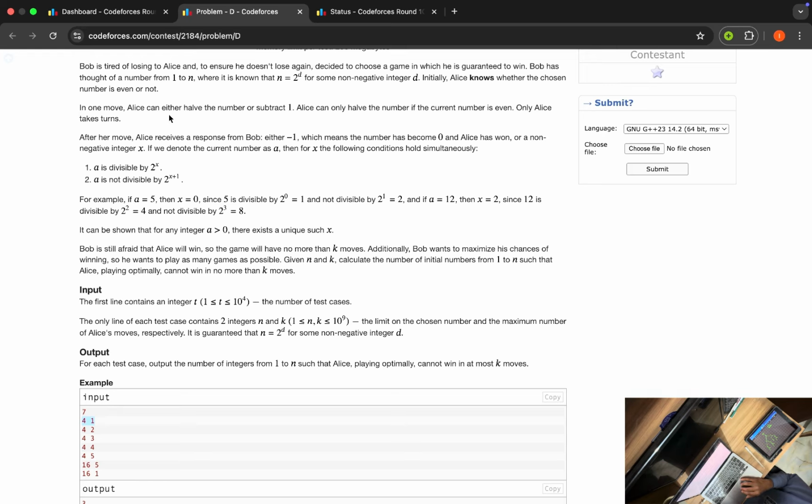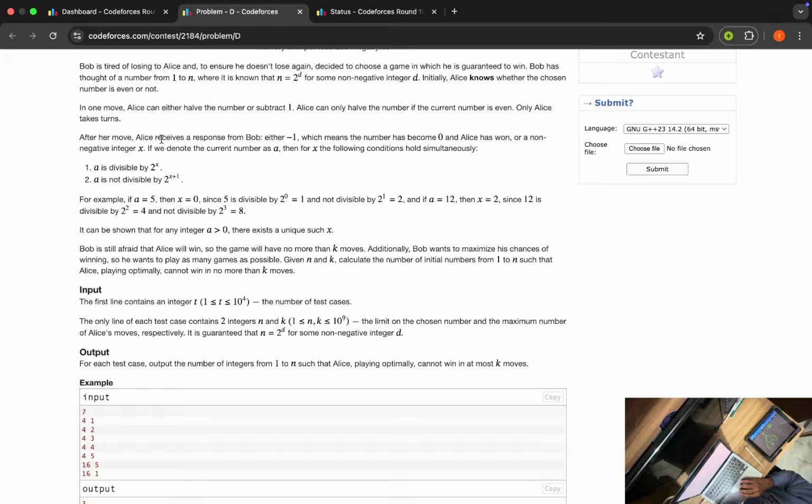In one move, Alice can either halve the number or subtract 1. Alice can only halve the number if the current number is even. Only Alice takes a turn.